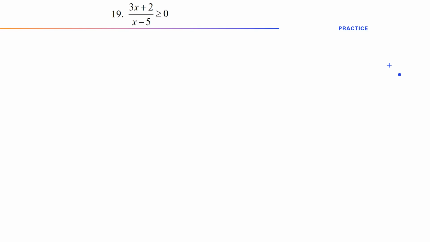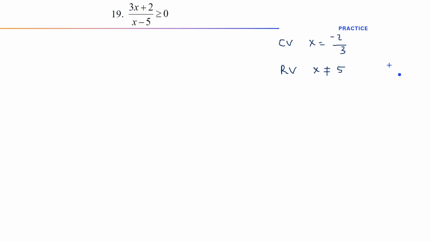All right, rational inequality. So the critical value here is x equals negative 2 over 3. And the restricted value is when the denominator has to be different from 0, so x has to be different from 5.